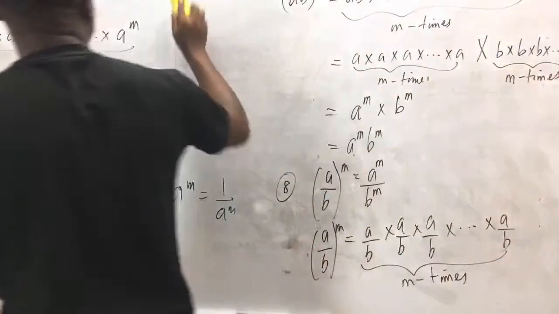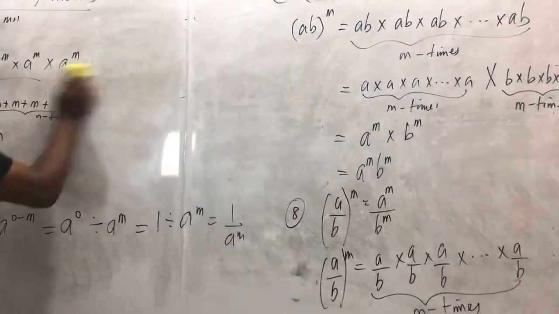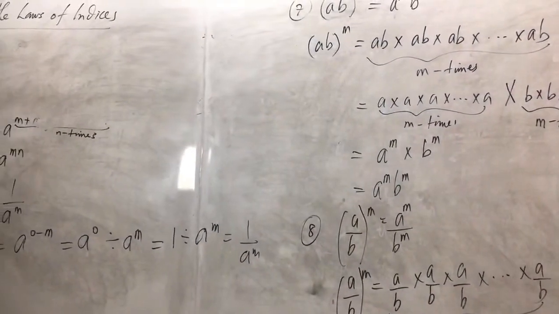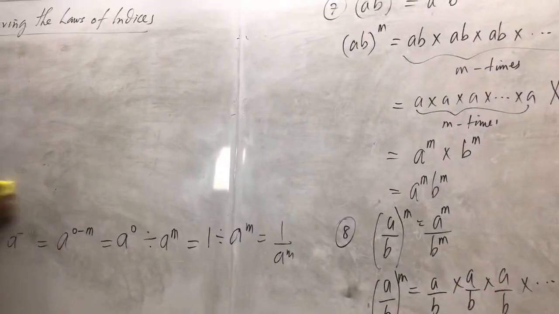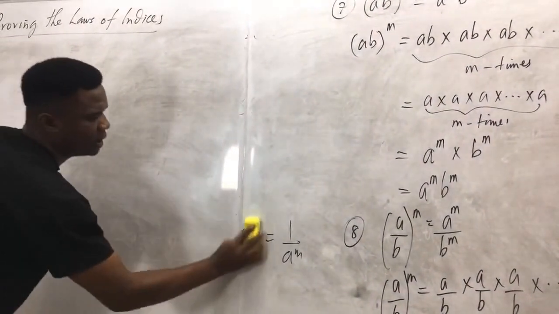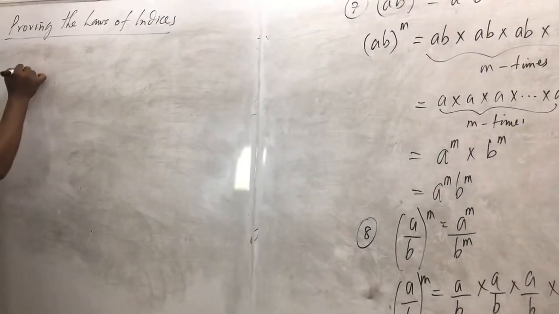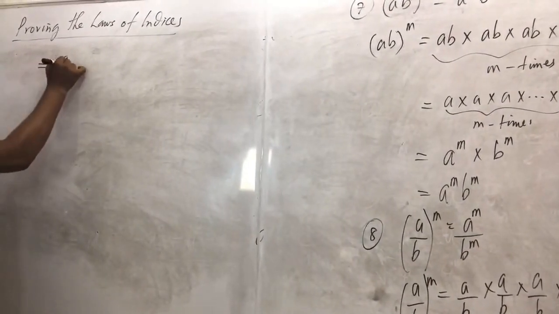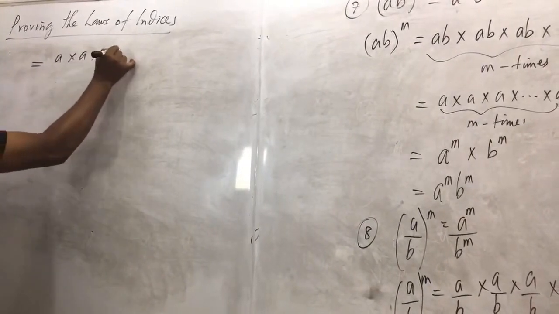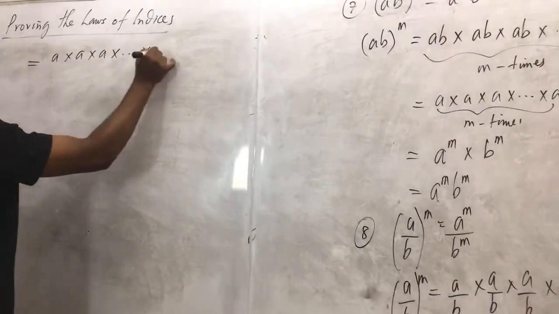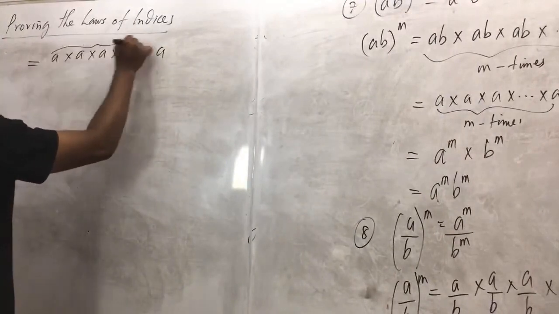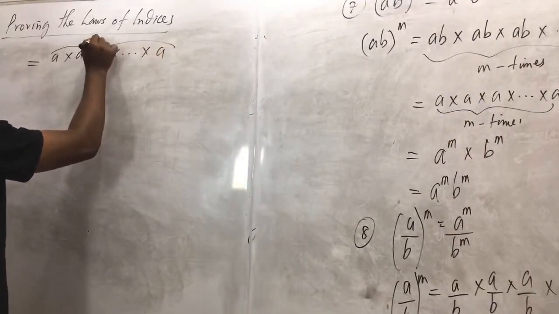Now let's come over here to continue that problem. So to get that done, what do we now do? You can now go on to gather all the a's in the numerator. Of course, there will be a total of m a's in the numerator.